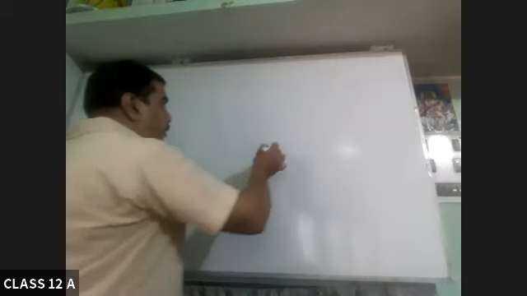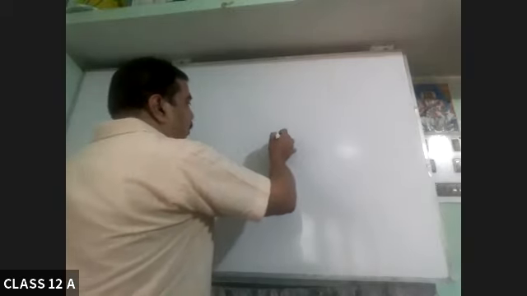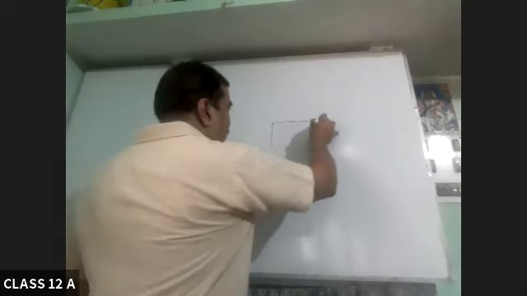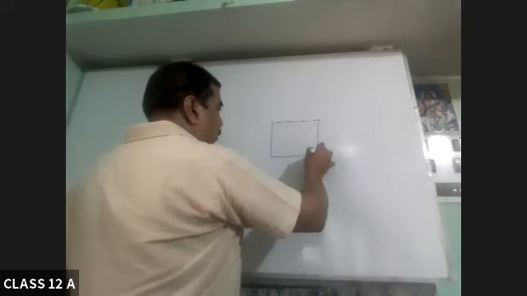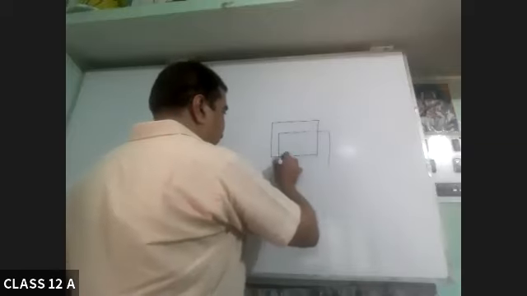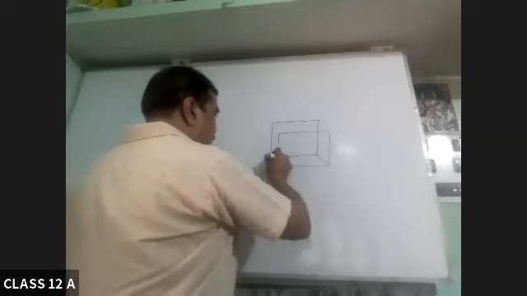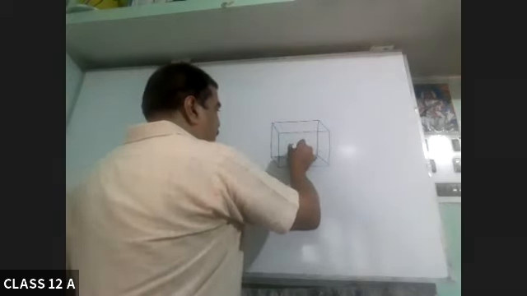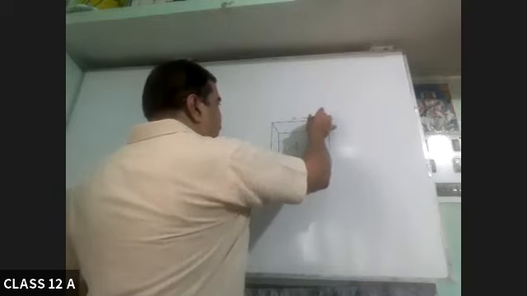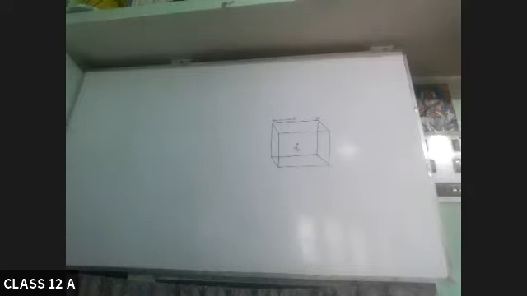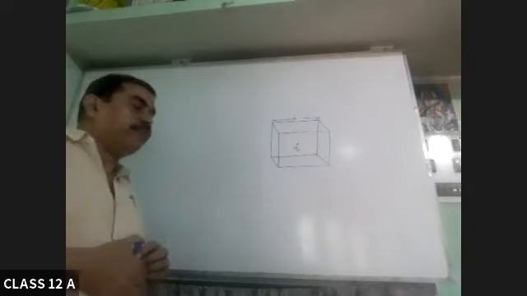Today you do something. Okay, suppose you are asked, suppose there is a cube. Each side of the cube is A. A charge Q is present at the center of this cube.